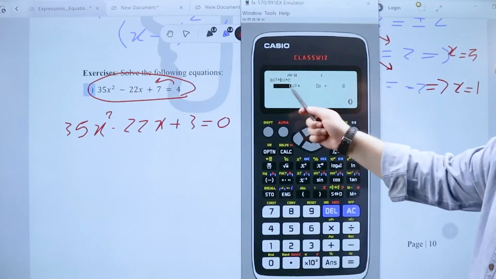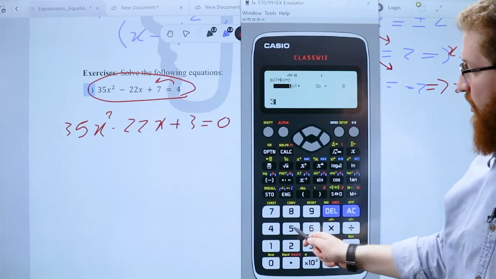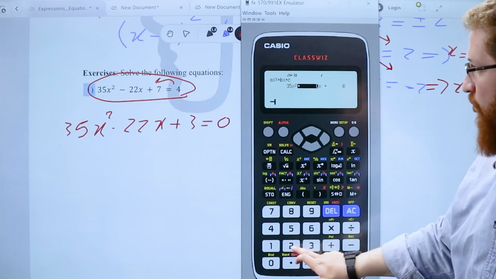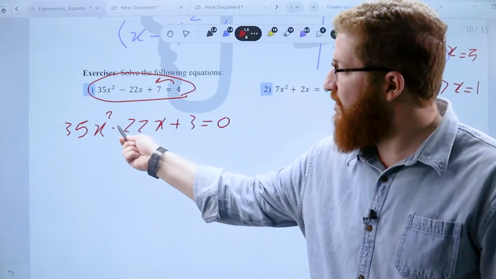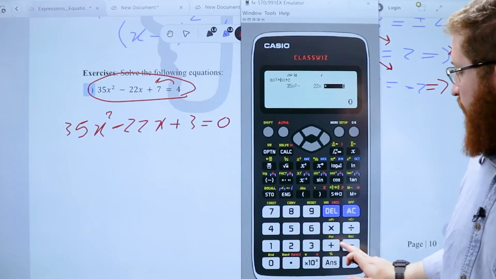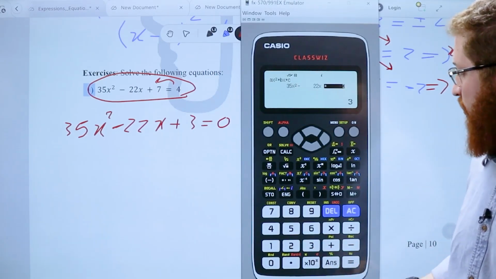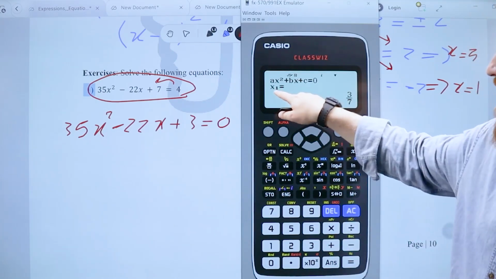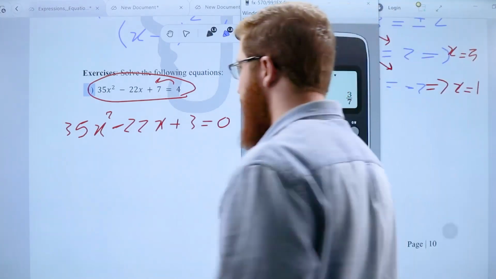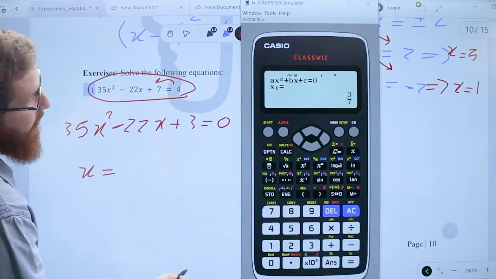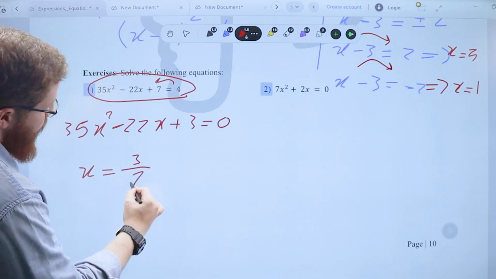We say x squared, the coefficient of x squared is 35 equals minus 22. You have to realize that this is a minus. Minus 22 equals 3 equals. Then you press equals. You have the first value of x, x1 equals 3 over 7.